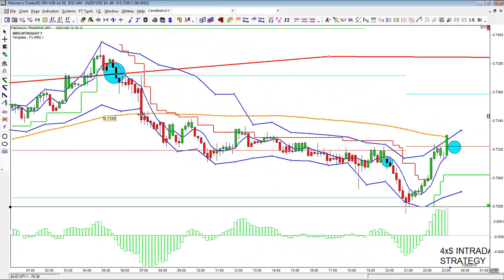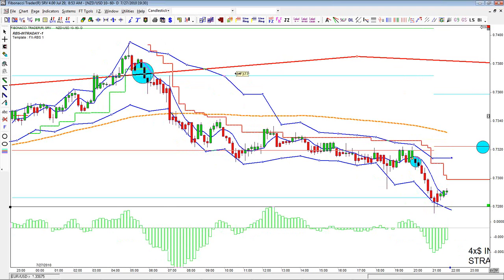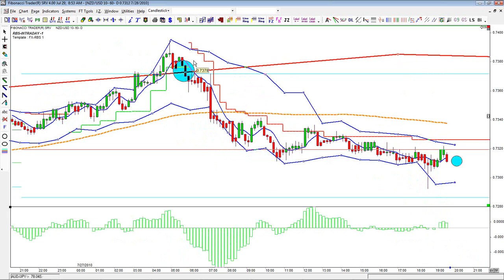The last indicator is this fat red line, and that fat red line is telling us the range of the day. That means that price won't pass that red line. When price touches the red line, that means that we have come to the resistance for the day, and now it's time for price to reverse, and we can start looking for sell entries.